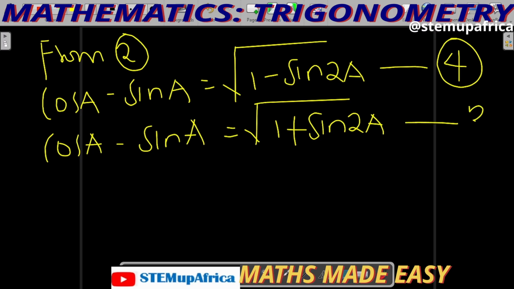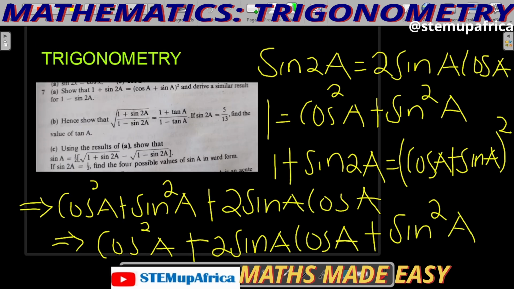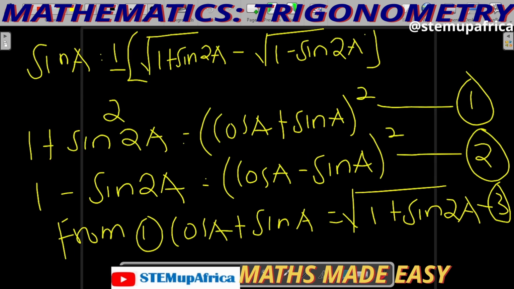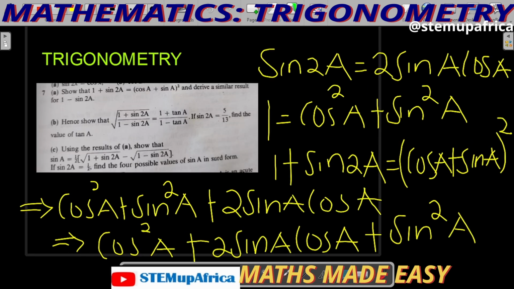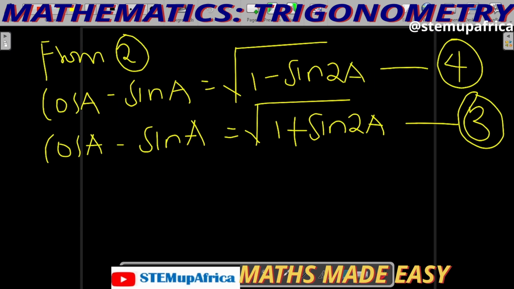This is equation 3. So how do we use this to achieve the result we are asked to prove, which is sine A is equal to 1 over 2 square root of 1 plus sine 2A minus square root of 1 minus sine 2A? So how do we get sine A from this expression?